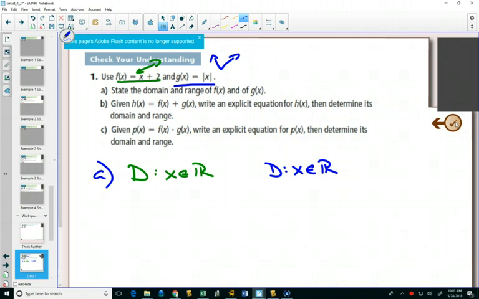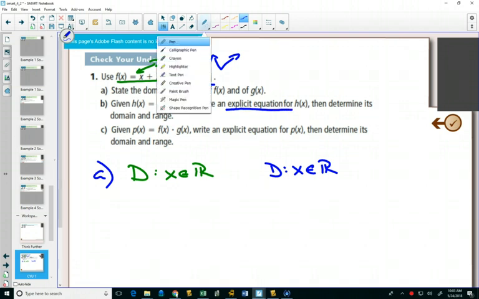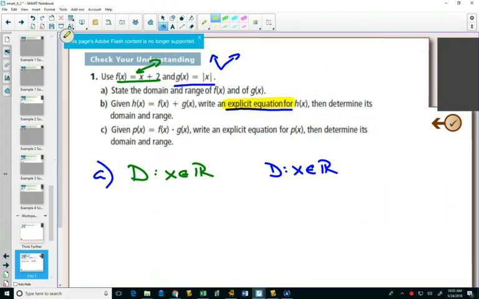Oh, did it ask for the range? Thank you. The range of a line is everything. The range of an absolute value graph, oops, that one's in blue, y is bigger than or equal to 0.